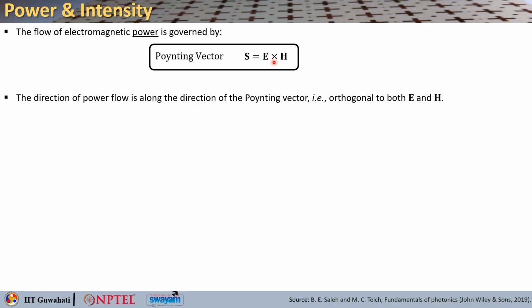If you use your right hand, take your fingers towards the electric field and then bend them around to the orthogonal direction, you will get the magnetic field and your thumb will be showing the Poynting vector, that is the direction of the power.